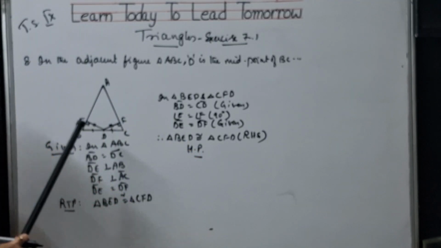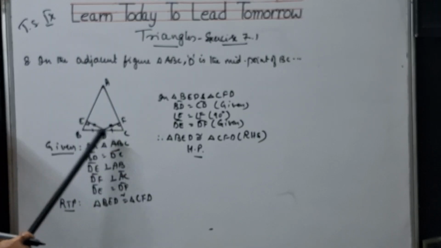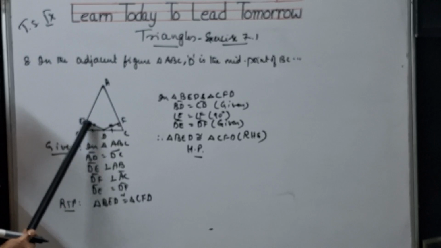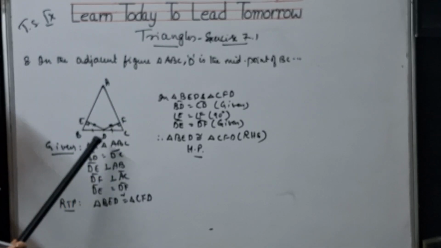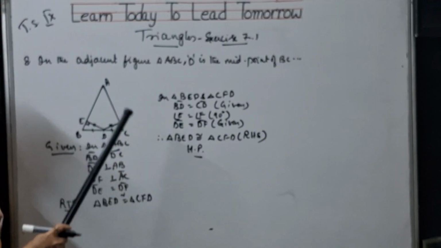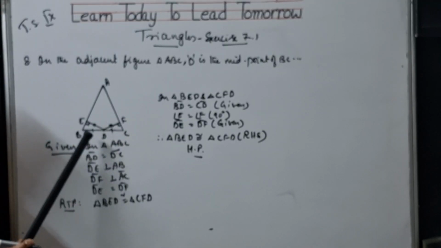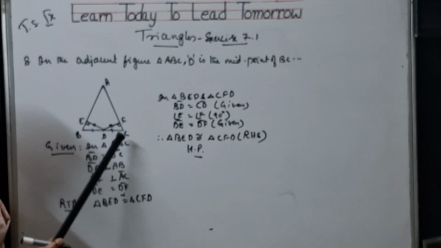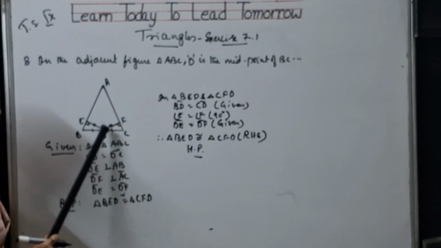See, they have given a triangle ABC in which D is the midpoint of BC, DE is perpendicular to AB, DF is perpendicular to AC, DE is equal to DF. Now you need to prove that triangle BED is congruent to triangle CFD.